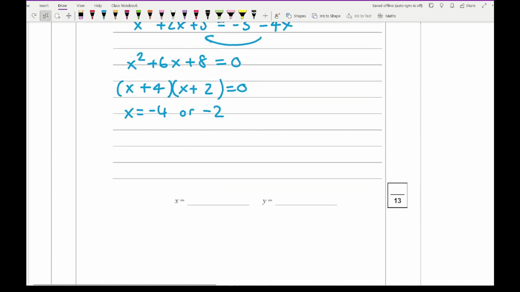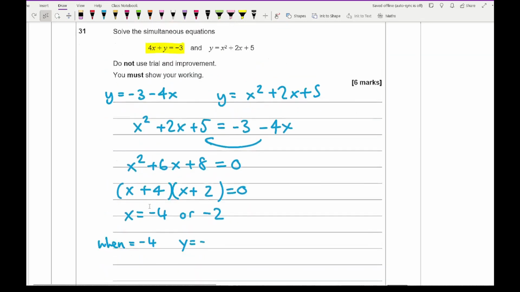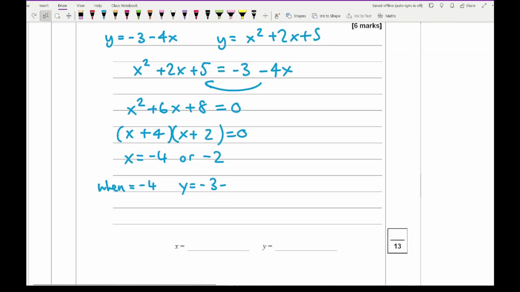Now when x equals minus 4, let's say, y equals, and the formula was minus 3 minus 4x. So then y equals minus 3 plus 16. So y equals 13.